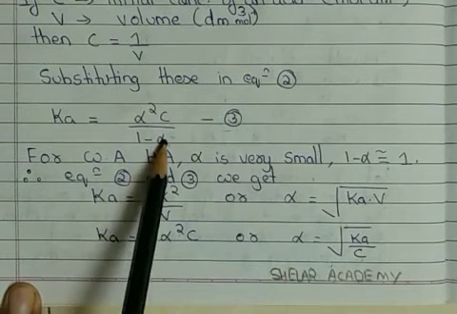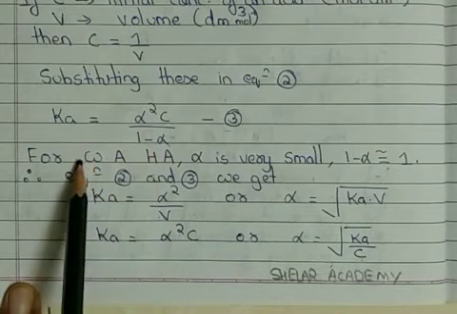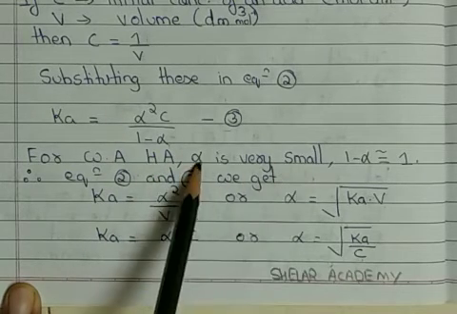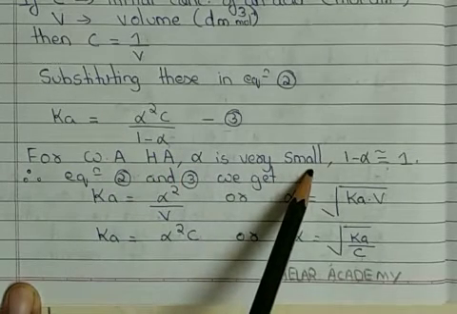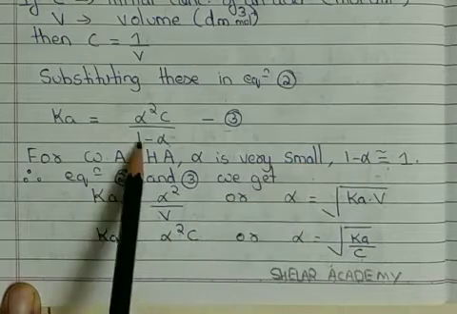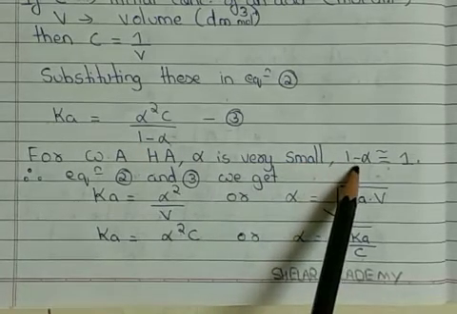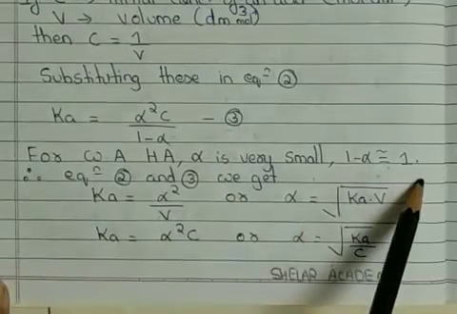Now in our equation 3, for weak acids HA, alpha is very small, that is, its degree of dissociation is very small. Further, 1 minus alpha will be further small. So we can approximately take 1 minus alpha as 1.